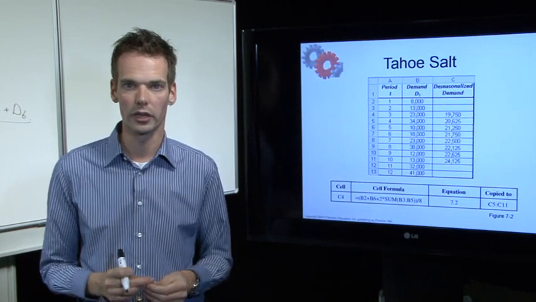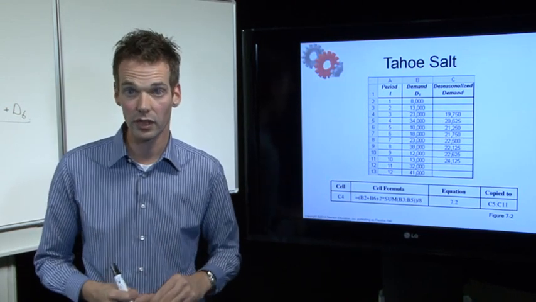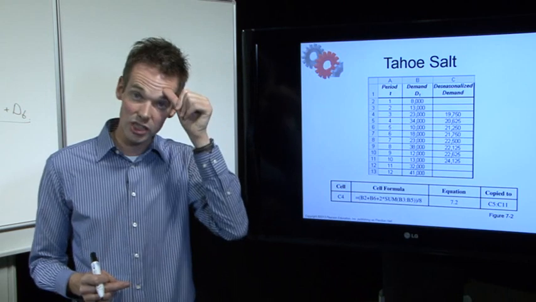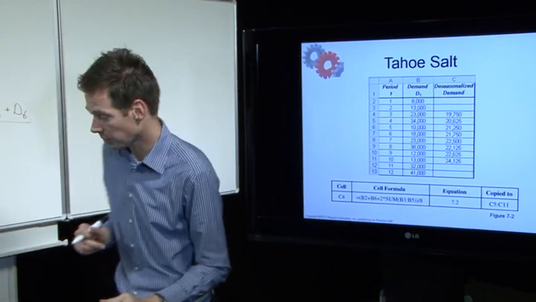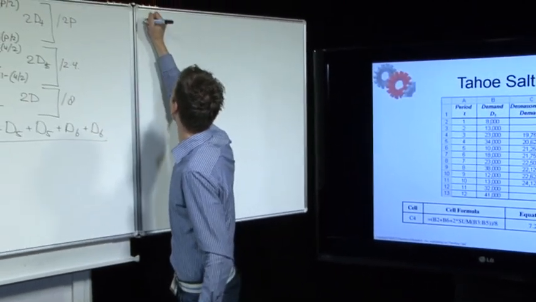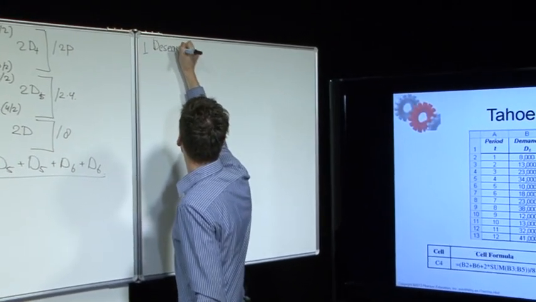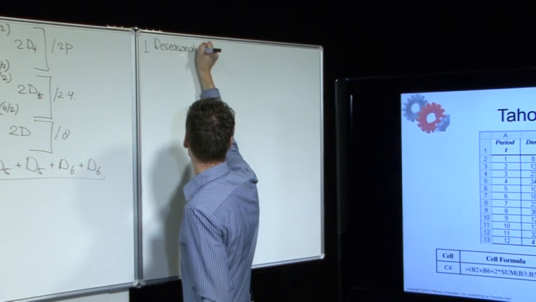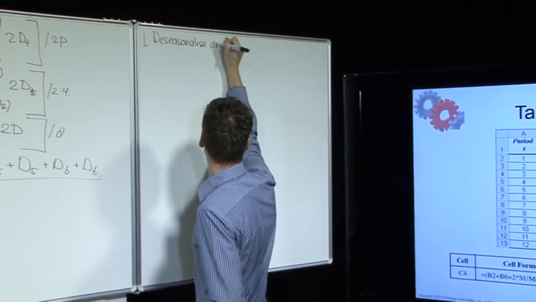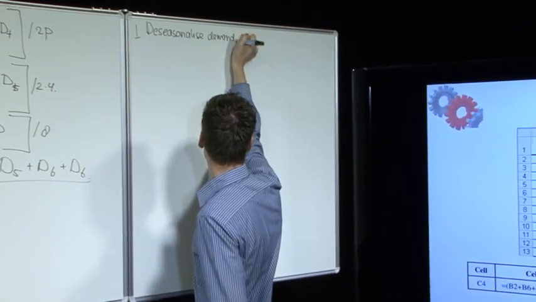So our static method works in 3 steps. The first step is deseasonalize demand.